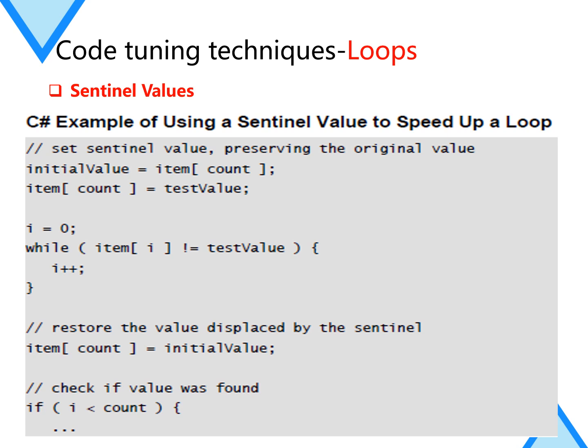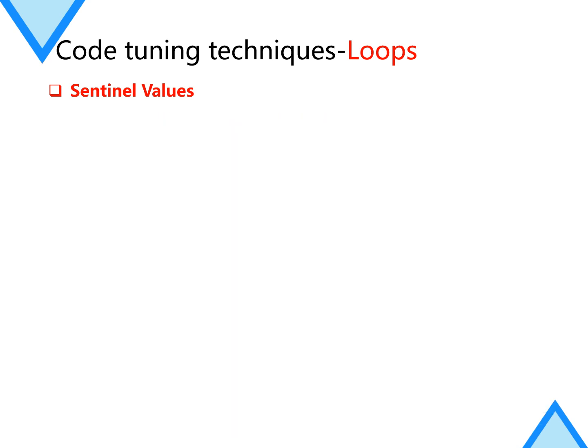We assign some middle value and then we are restoring the middle value. So with the use of sentinel value, here we are trying to make the loop fast.